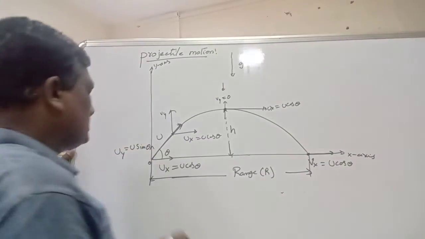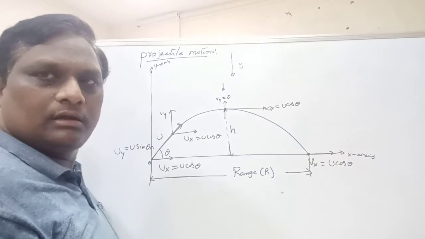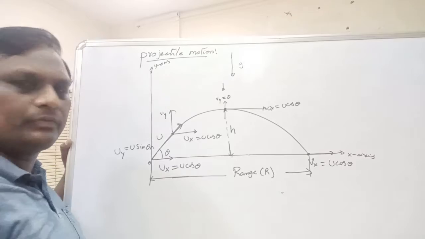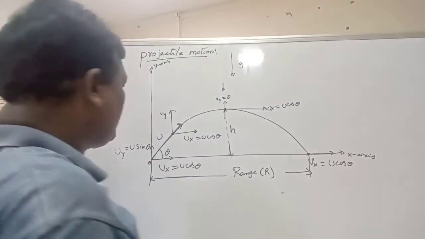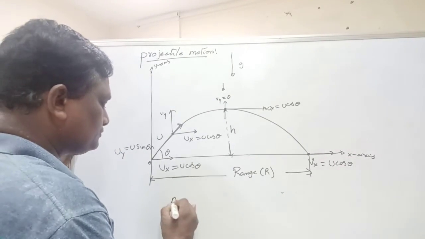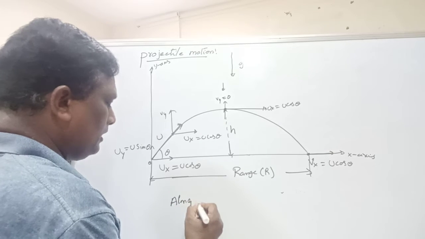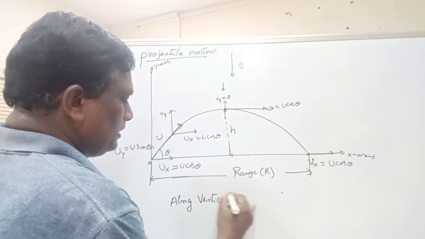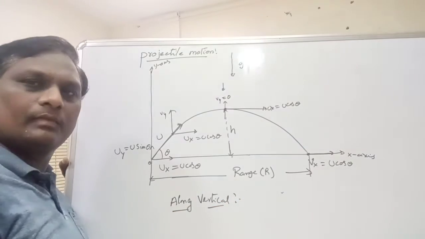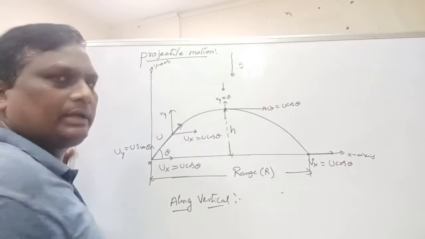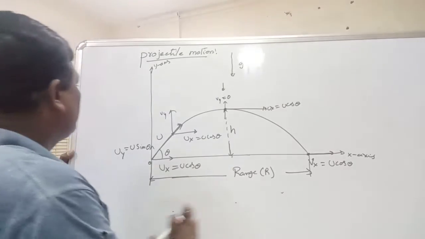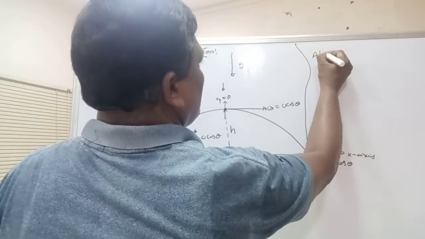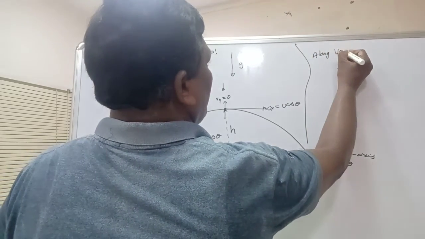Right. Now see the vertical components and horizontal components. First I'll write along vertical.